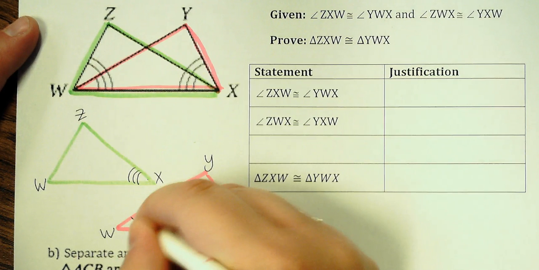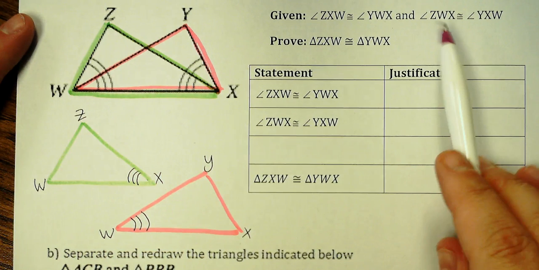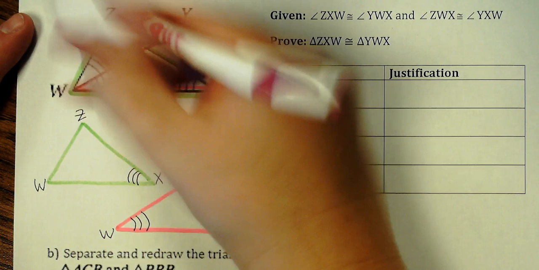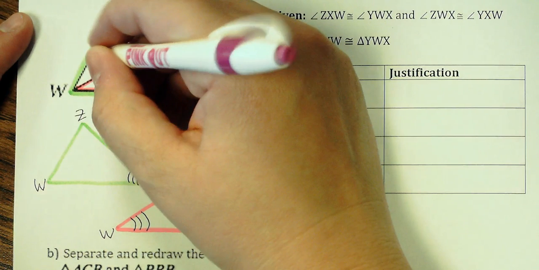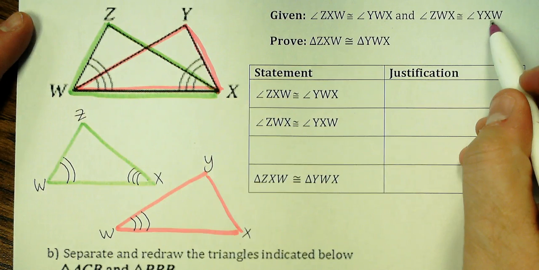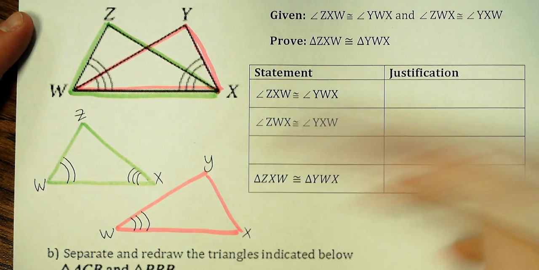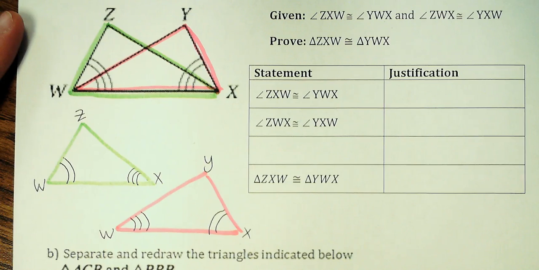I'm just going to go 1, 2, 3 to match up with the diagram. Now, they also give you another set of angles, ZWX. In the original figure here, it's this whole angle that's got a double curve on it, so I'm just going to go like that. And YXW, whatever letters are in the middle for each one of these, that's the vertex of the angle.